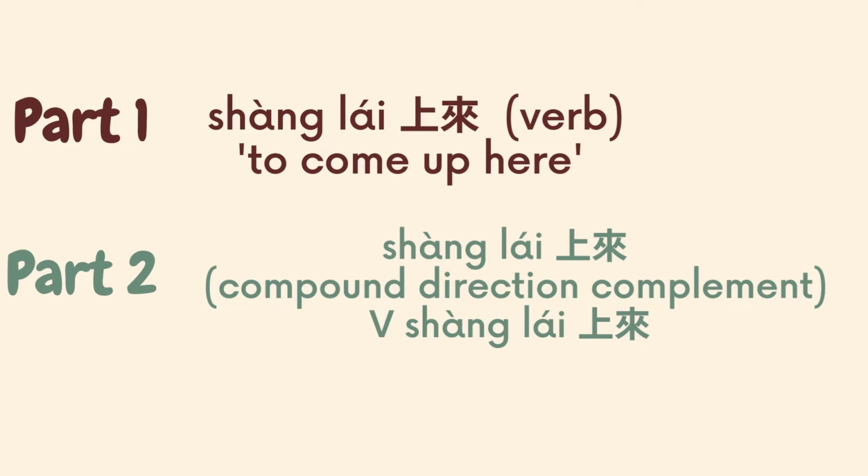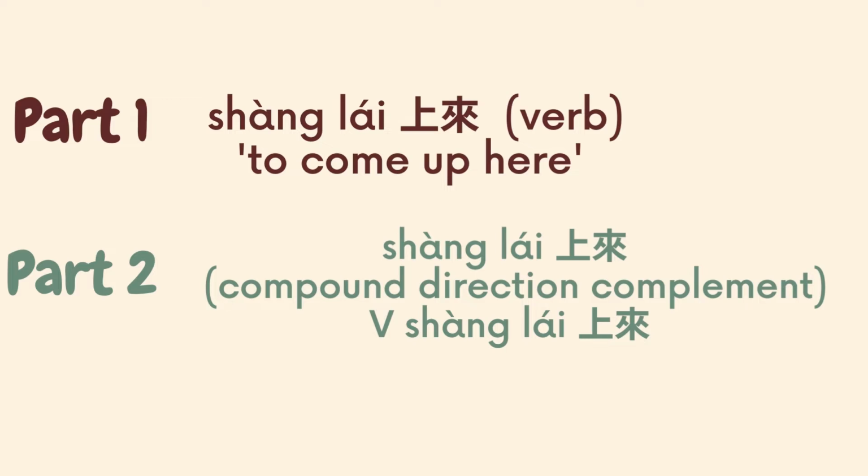Take 上来 as an example. In the video talking about 来 and 去 part 1, the 2 characters 上来 are a verb combined from the verb 上 and the complement 来, which means to come up here.